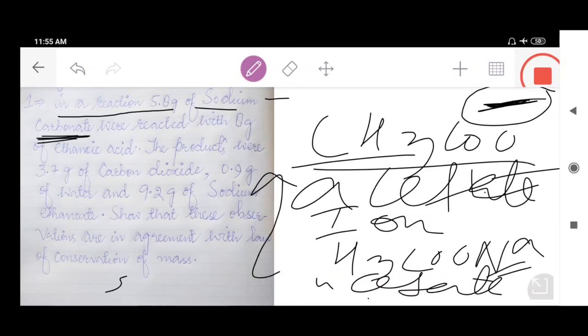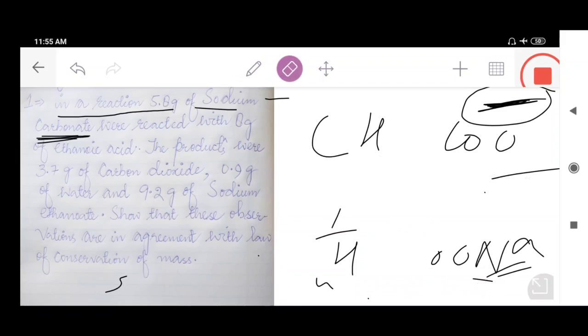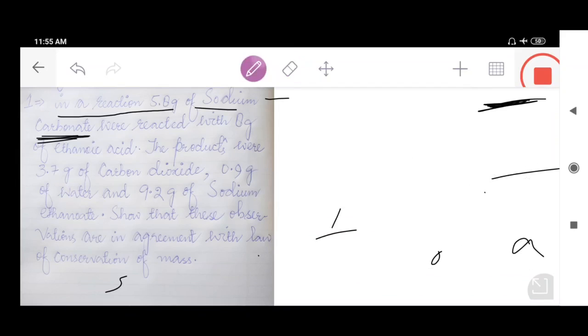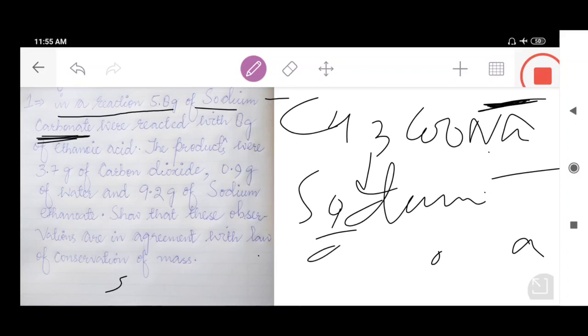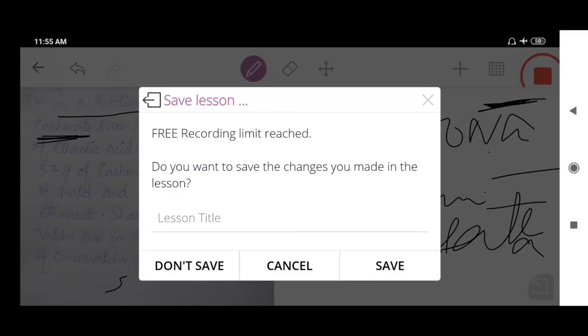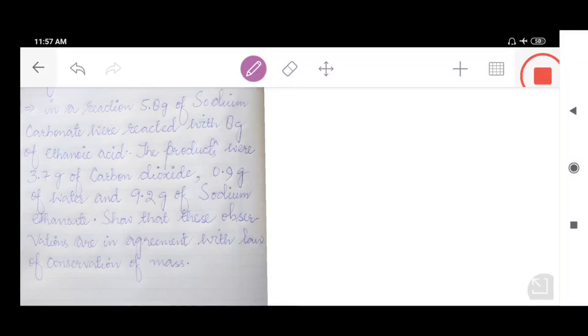That's why I told you this is also called sodium acetate. So these were some of the molecular formulas of reactants and products.